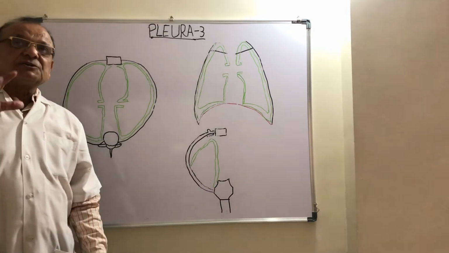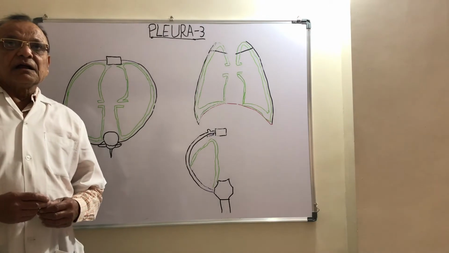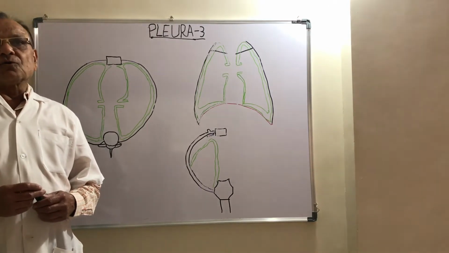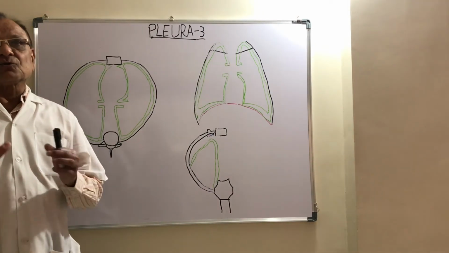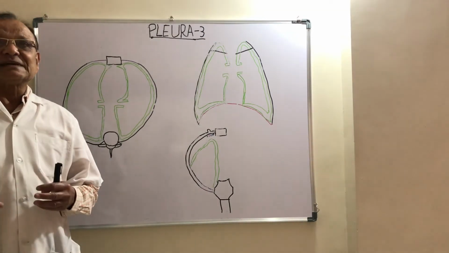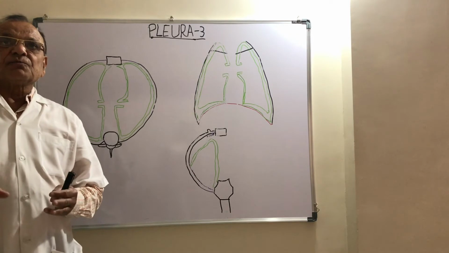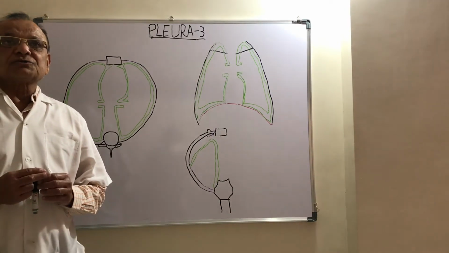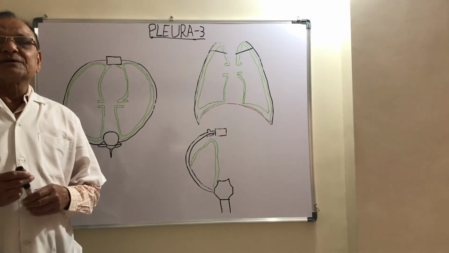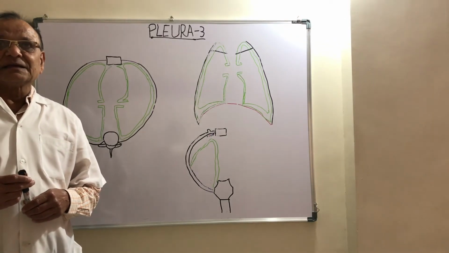This wider space is called the costodiaphragmatic recess. Why is it called the costodiaphragmatic recess? Because this recess is at the junction of the costal pleura and diaphragmatic pleura. So it is called the costodiaphragmatic recess.